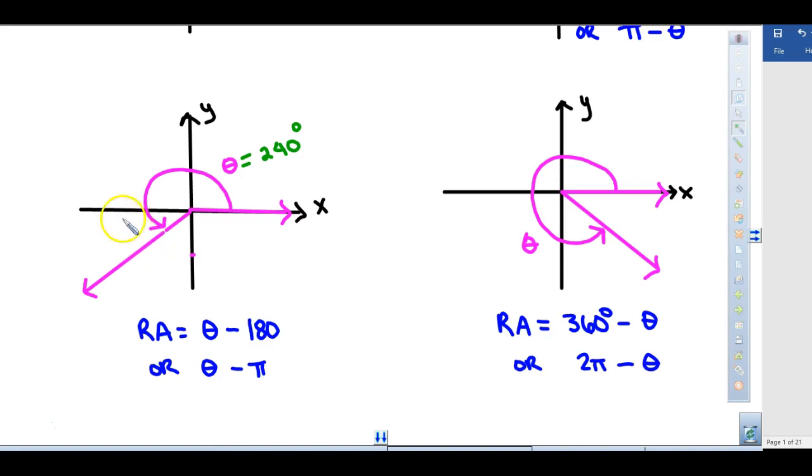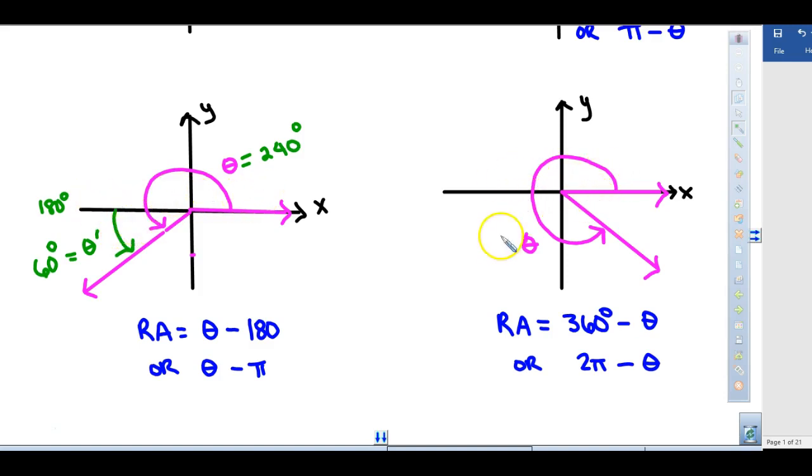Well, how far away are you from the x-axis, keeping in mind that the x-axis is 180 degrees? Well, you would have to go 60 more to get to 240. And again, you can figure that out by saying 240 minus 180. But if you don't want to learn a bunch of formulas, just think, how far away am I from the x-axis?